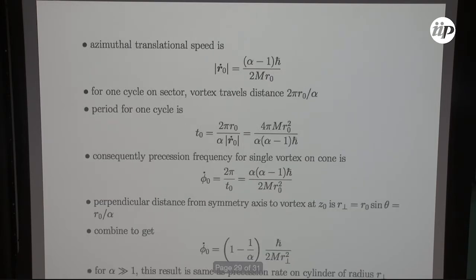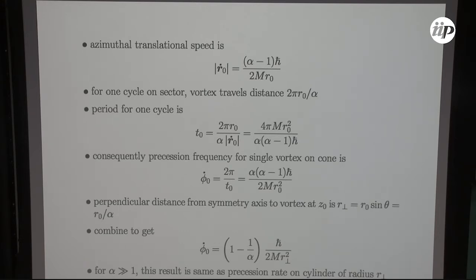And you have to play some games, but you can also get the precessional frequency around the cone, and it has an extra factor of alpha because on the sector it only moves 2 pi over alpha, but on the cone that's the whole circle. Now, R0 is the length measured along the surface of the cone, but that's not really the relevant thing.